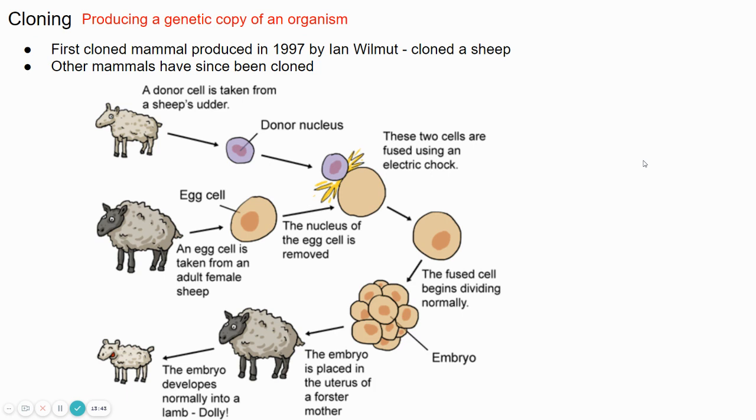And they put the nucleus they took from a person or an animal into the egg cell, and they zap it with a little electricity, and that starts it dividing. And then they take that embryo and they put it into the uterus of a female, and it grows. And eventually it's born, but that organism that's born is an exact genetic copy of the organism they took the nucleus out of.